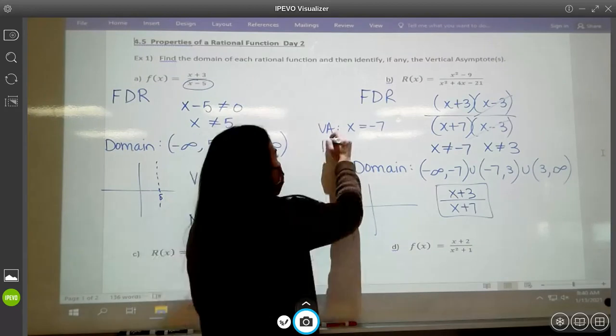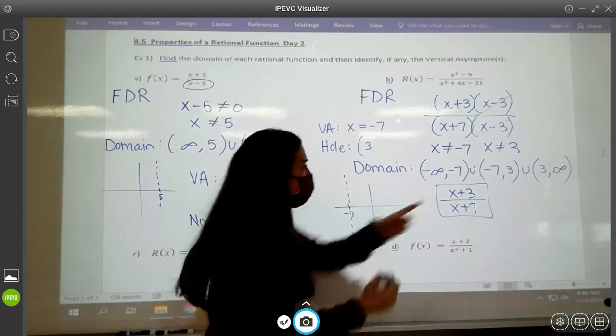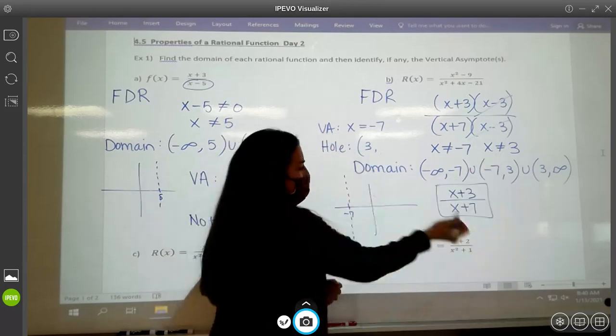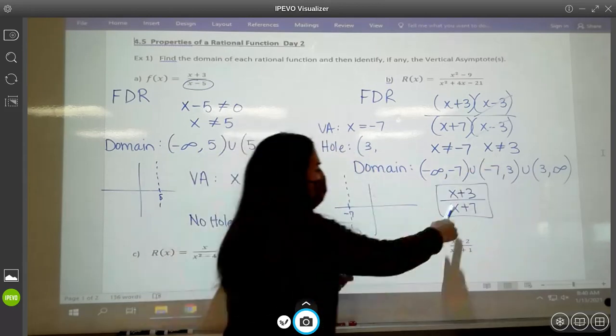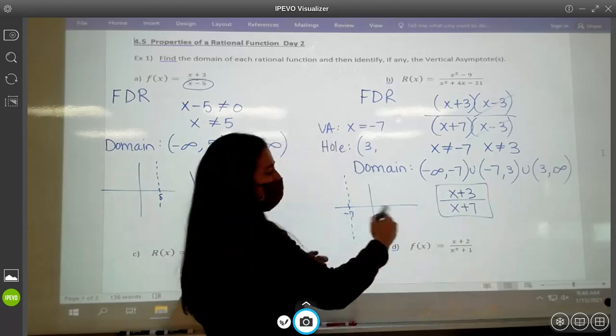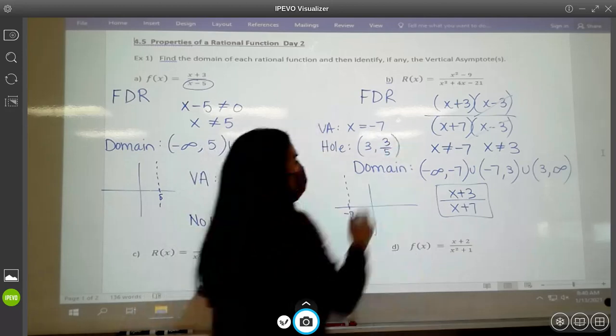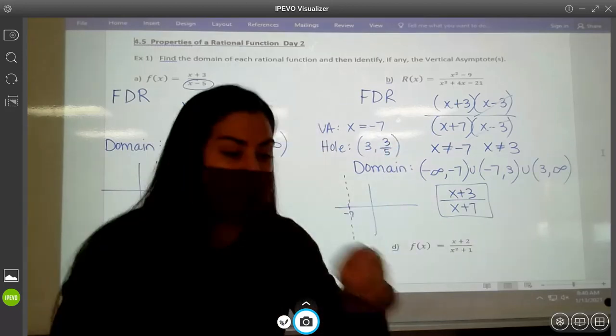So that means you're going to end up with a hole at the point when X is 3, the bad X value, and then you have to plug 3 in to see what number comes out. 3 plus 3 is 6, 3 plus 7 is 10, what's that going to be? 3/5? And now you have a hole at the point 3/3.